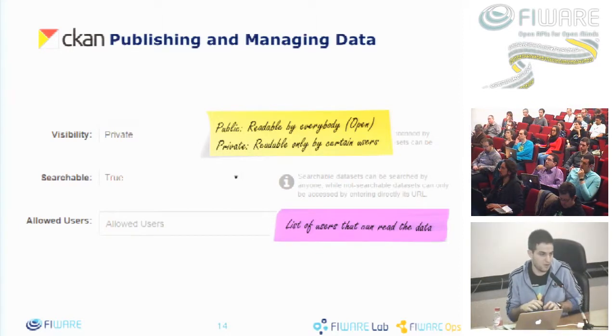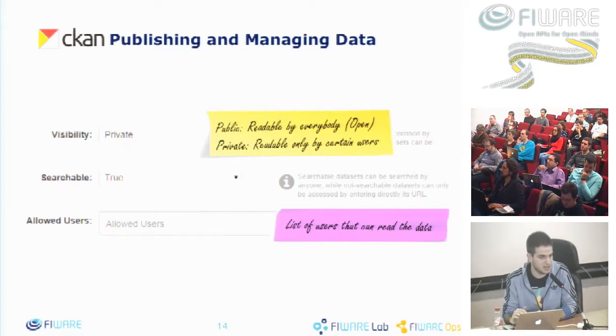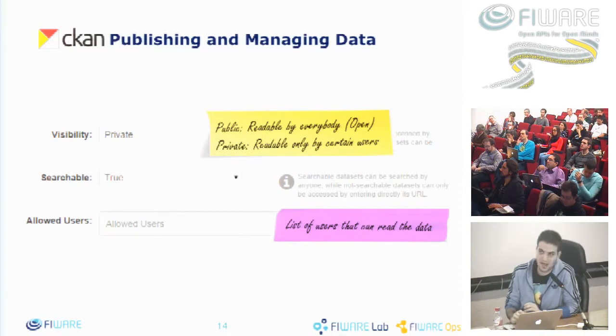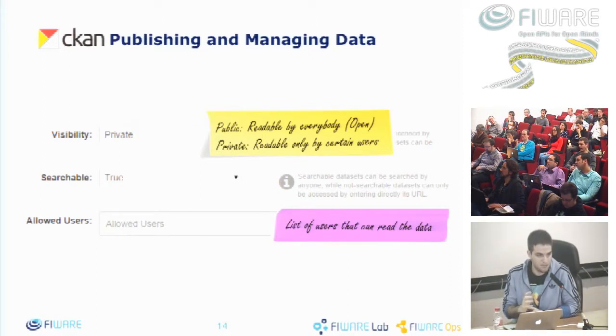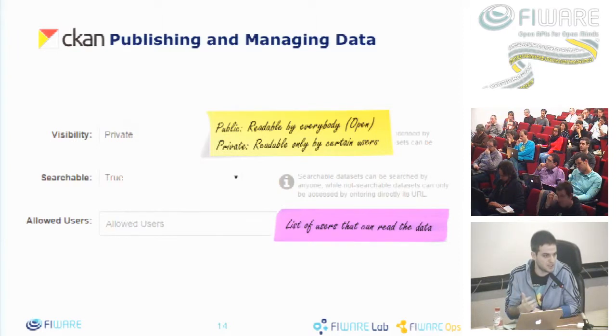You can enter manually the users that can access your dataset, or you can leave it to the store. It's up to you. And then we have the searchable field that allows us to choose if we want the dataset to be shown every time a user looks for datasets in the CKAN instance.